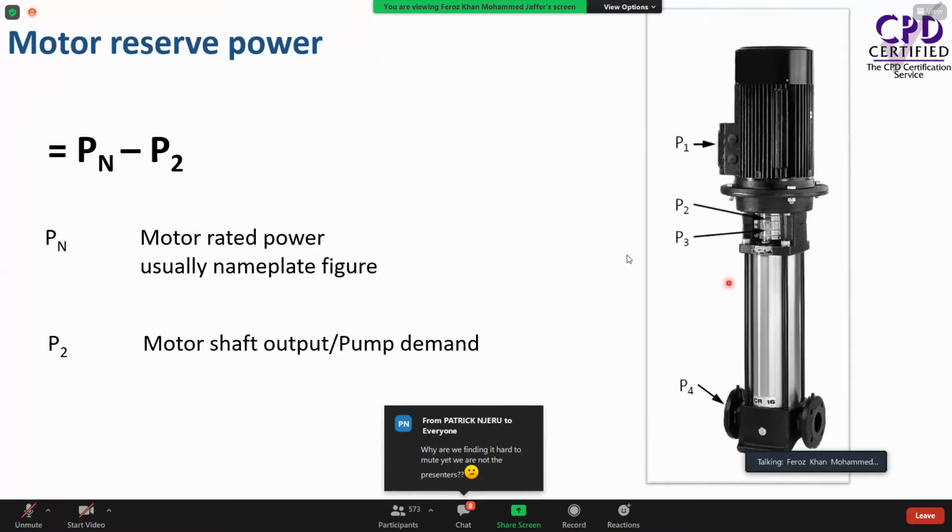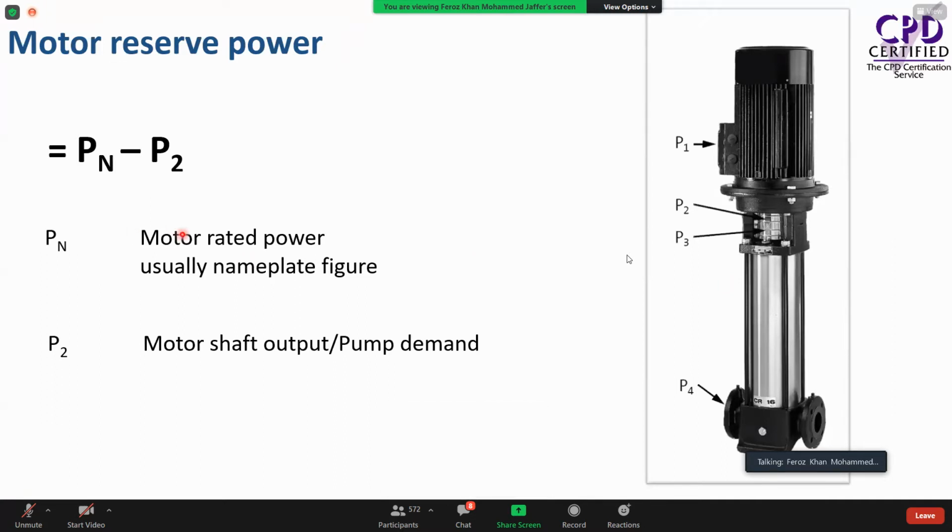So how do we know how much reserve we have? The reserve power is basically the difference between the rated power of the motor and the shaft output from the motor. So the difference between rated power and shaft output is called the motor reserve.